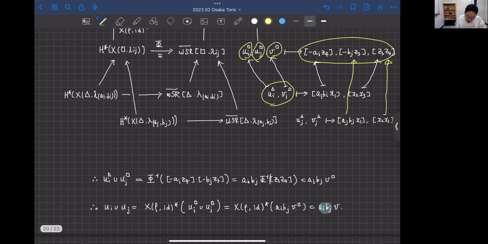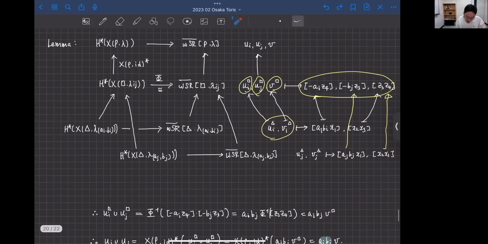So the conclusion is U_i and U_j as elements of the cohomology of the toric orbifold corresponding to the square characteristic pair, then we can take a product. Sorry. We can take a product at the level of the weighted Stanley-Reisner ring like this, and it is easy, just a polynomial computation again, and then it goes to a_i b_j, so that we have a_i b_j times the degree 4 generator.